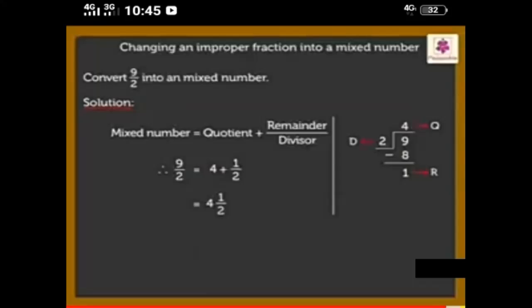After the division, the quotient changes into the number part and the same denominator. The divisor changes into the denominator. Next, the remainder changes into the numerator.